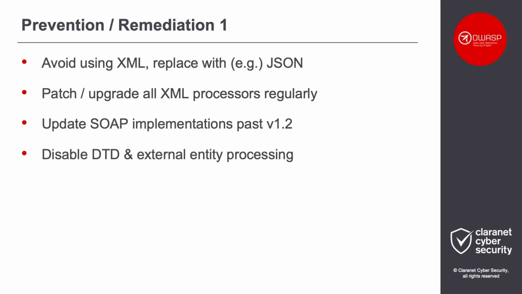Ensure that all of your XML processors are patched and upgraded as regularly as possible, and you're on the lookout for any vulnerabilities that may exist in your implemented ones. Update SOAP implementations past version 1.2, as these are known to be vulnerable. And finally, disable DTD and external entity processing.